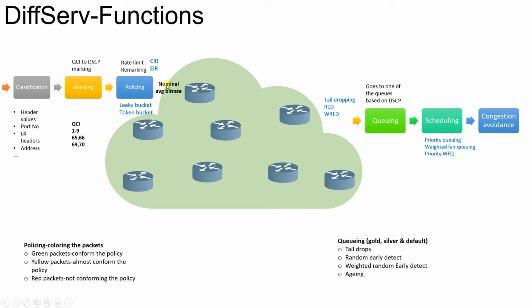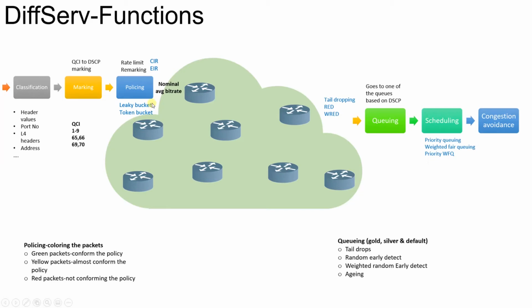But at the exit, we have to give a nominal average bit rate. If we set an average bit rate, sometimes it will be overutilized and sometimes underutilized. So we have to adapt to the situations of the incoming traffic. This is done using two different algorithms, called the leaky bucket algorithm and the token bucket algorithm.